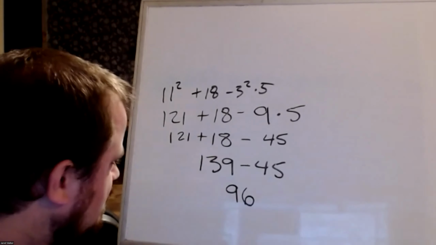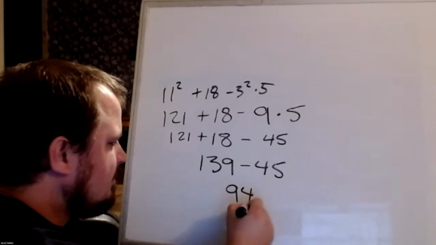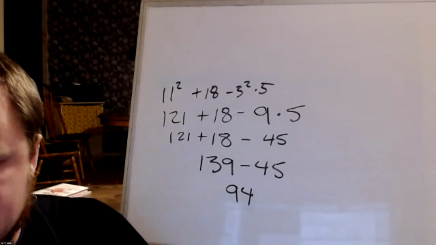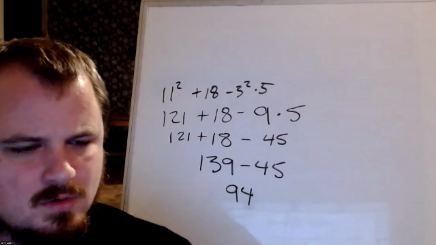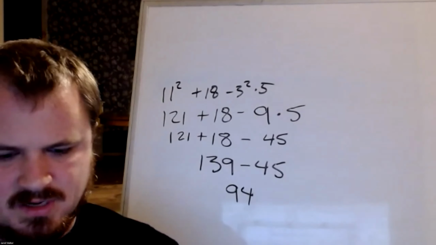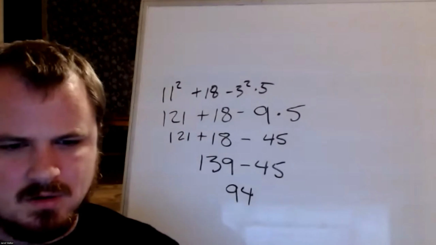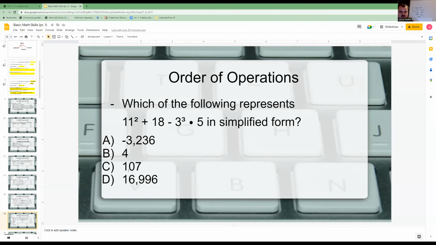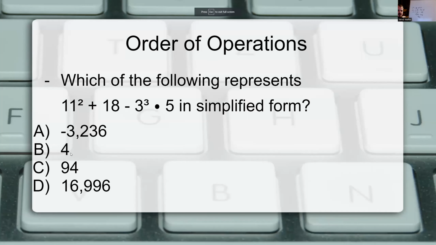Oh, I'm sorry. We'll get 94. So that would be the final answer. Okay. Let me share screen again. And okay. So this should have had 94 as one of the options. So there we go. I'll fix that.